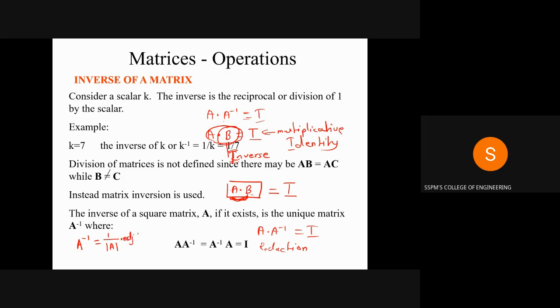A inverse is equal to 1 upon determinant of A into adjoint of A. This is a formula to find A inverse. Another way we can find it is using the cofactor matrix. You can use the reduction method as well.